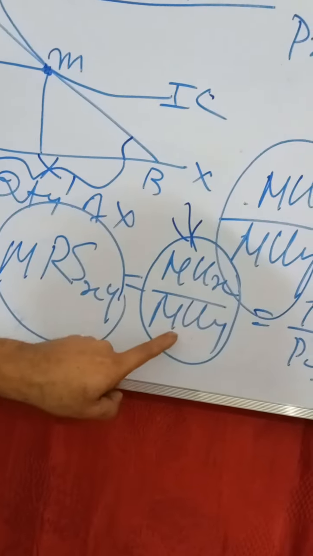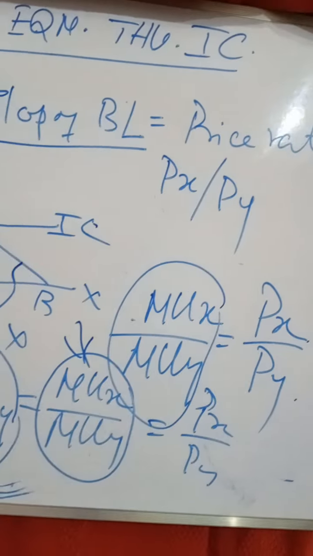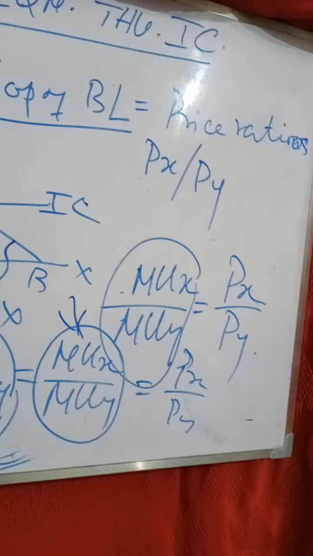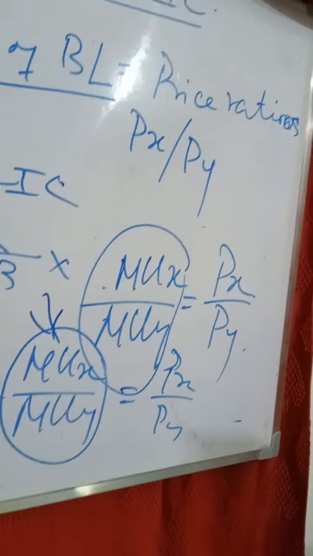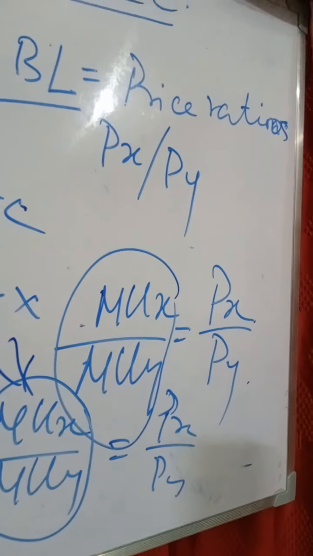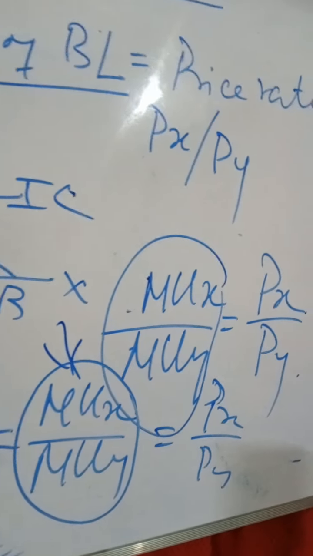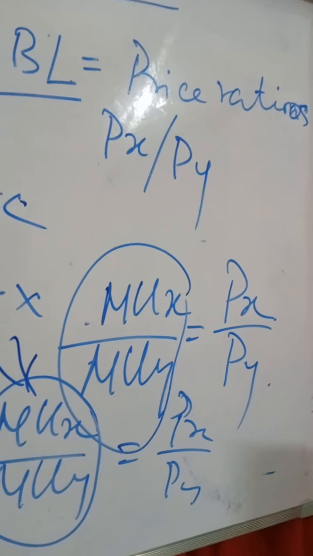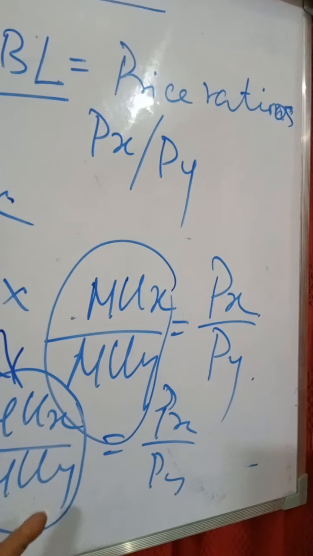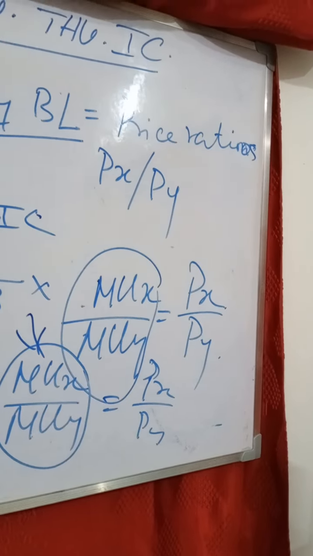That is, MUX by MUY is equal to MRS XY, which is equal to Px by Py. So the Marshallian law of equimarginal utility is fundamental in understanding consumers' behavior, consumers' equilibrium, and also the theory of demand. Hicks and Allen also depended on Marshall's logic. What was Marshall's logic? That the marginal utility of X by marginal utility of Y will be exactly equal to the ratio of their prices.